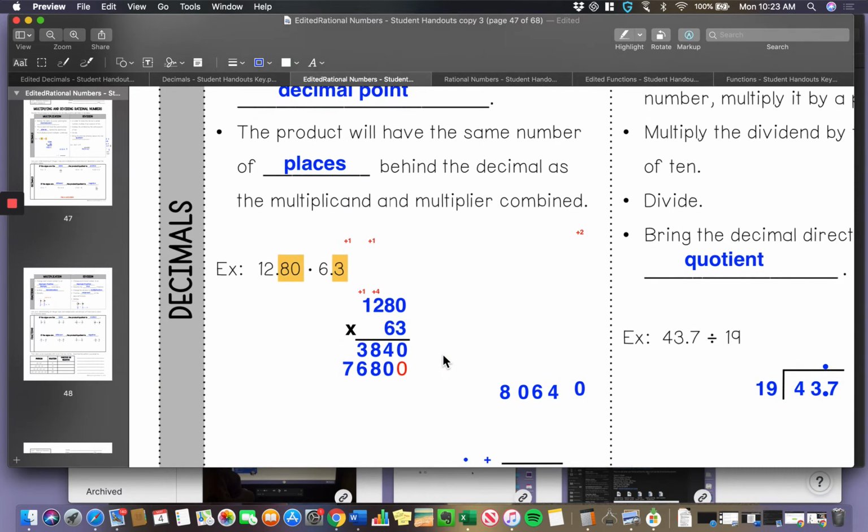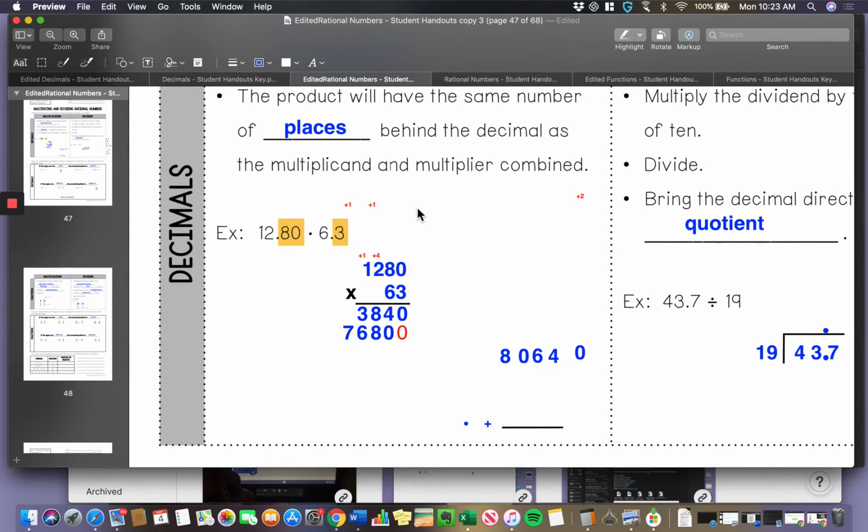All right, now that I've done all that, what I need to do is add up my products. So I'm going to add up everything that I just got when I was multiplying. I have 0 plus 0 is 0. 4 plus 0 is 4. 8 plus 8 is 16, and I have to carry over the 1.